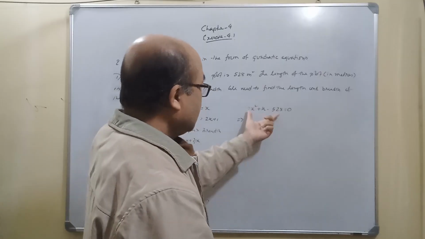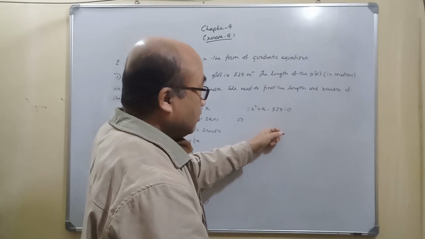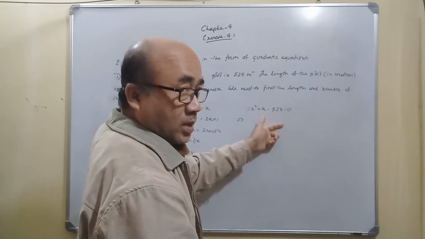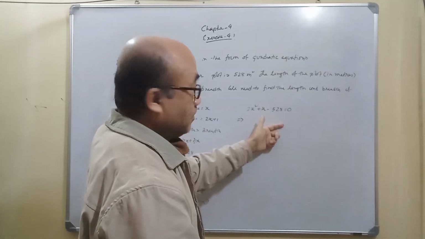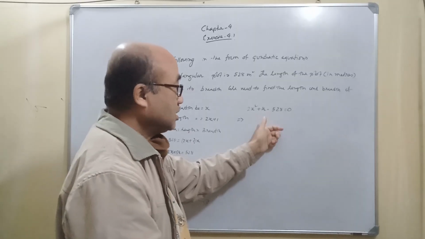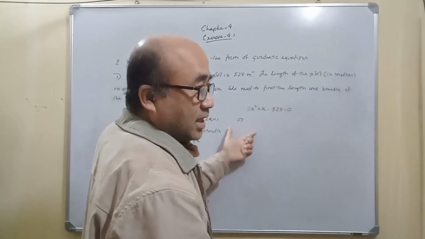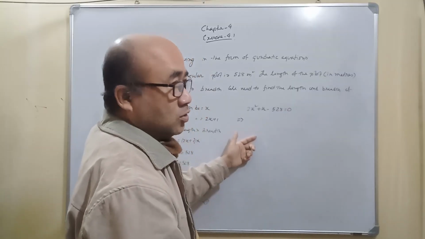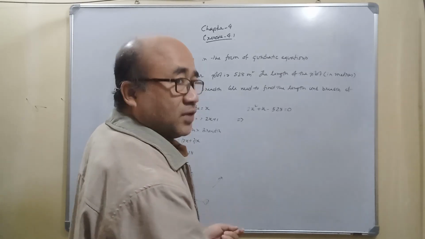This is a quadratic equation which can be solved either by factorization or by completing the square. You can use the quadratic formula also, but we have not discussed the quadratic formula till now, so I will skip that. So let us solve it by factorization.